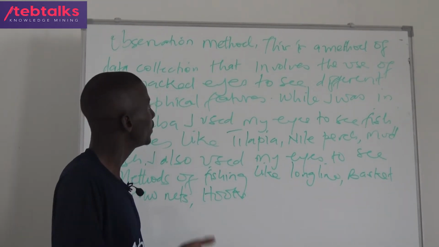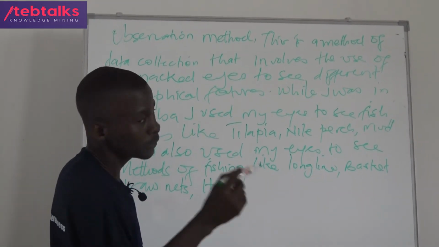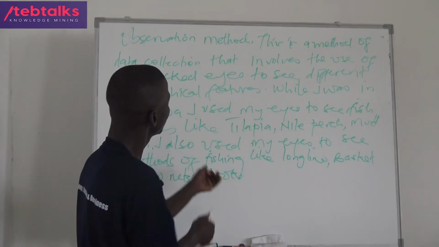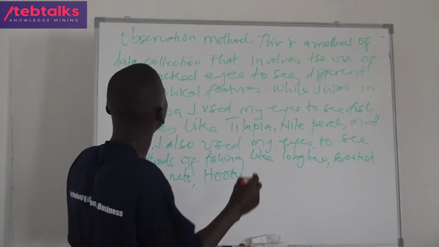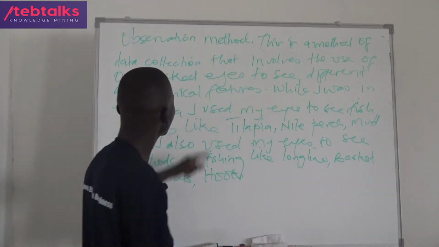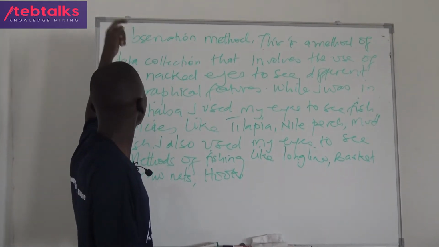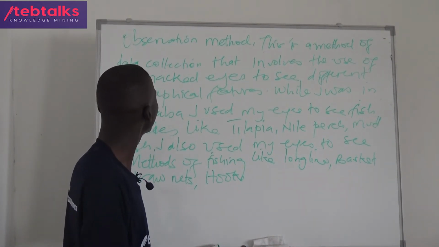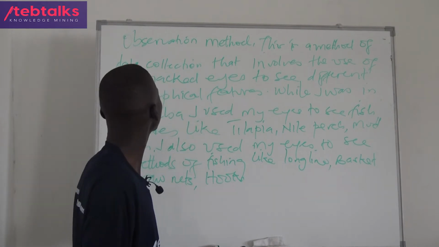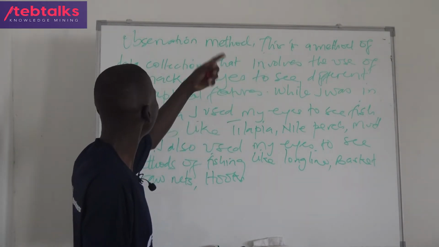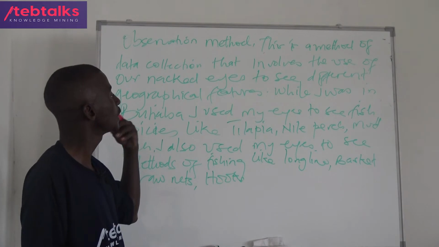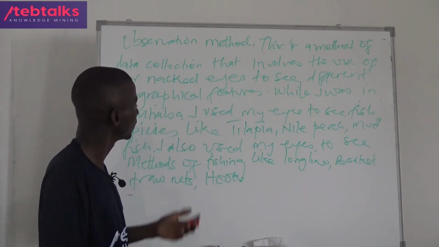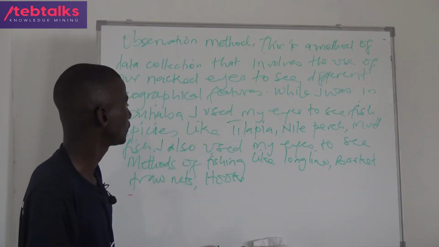When the examiners are marking, first of all, this is what they are going to mark. Have you identified the method? Yes. The method is observation. Have you defined the method? Yes. I have defined the method of data collection that involves the use of our naked eyes to see different geographical features. How did you use it?